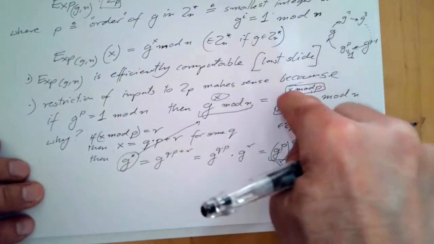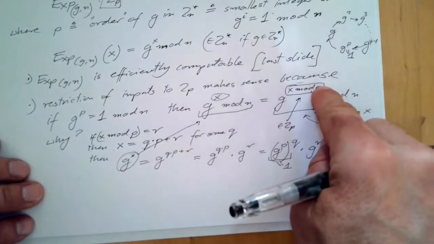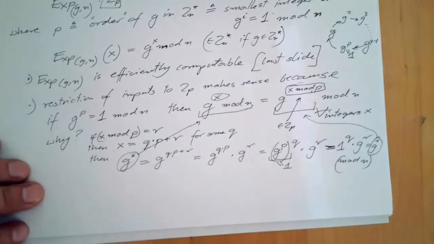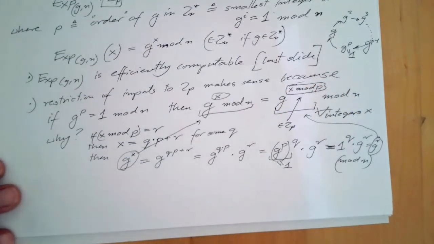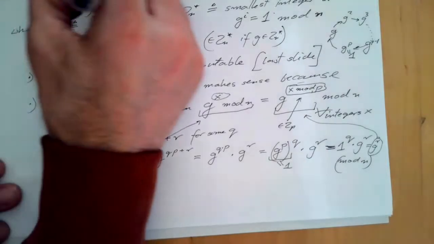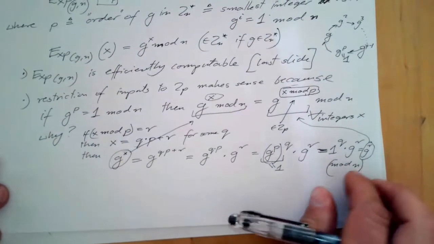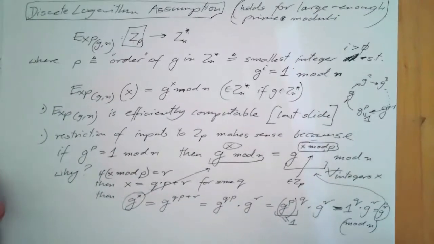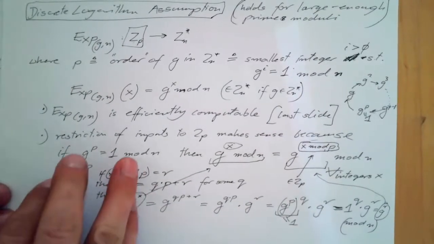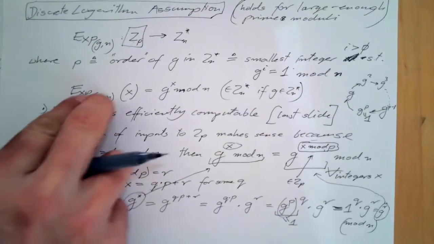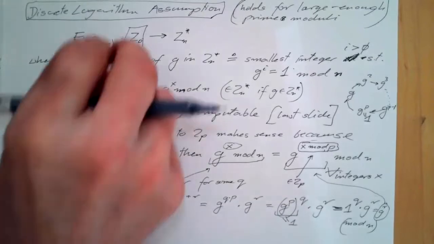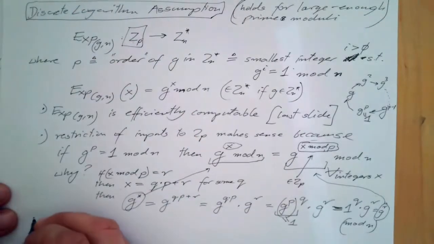That's the possible range. Okay, we're still not yet at the discrete logarithm assumption. We talked about this: it's an efficient function, and the restriction of the input makes sense.